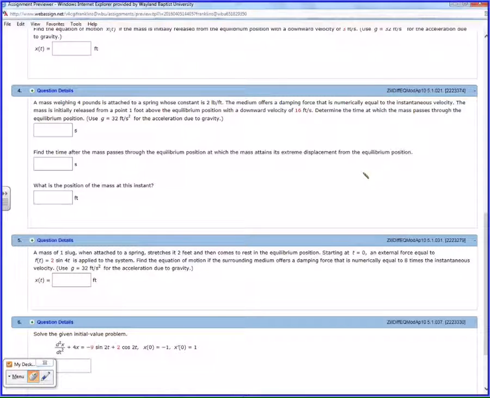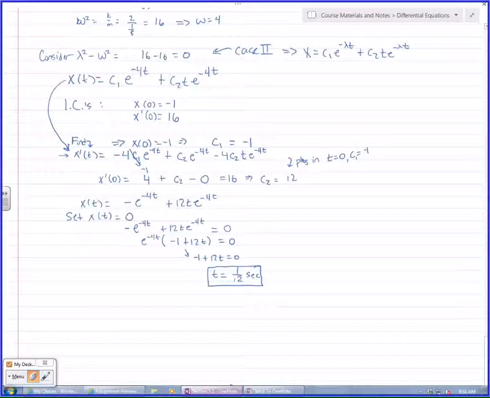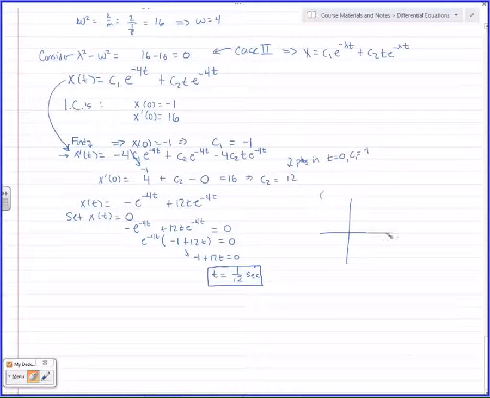So the picture that you should have in your mind of what this thing is doing is that it started at -1, and it had an upward velocity. It was thrown upwards. At 1/12 of a second, it crosses here, and then it's going to start to come back down.